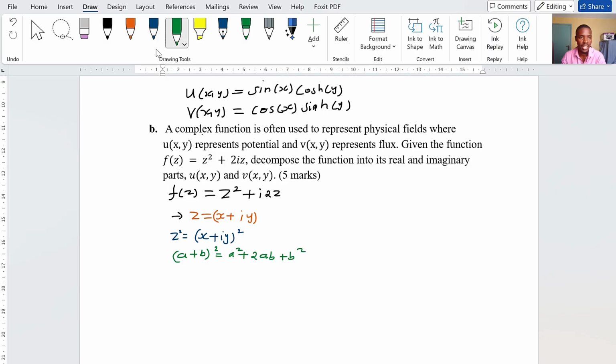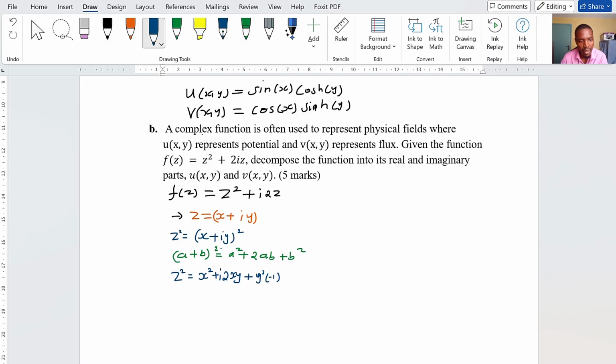Now it means our z squared is simply x squared plus 2ixy, then plus y squared times negative 1.